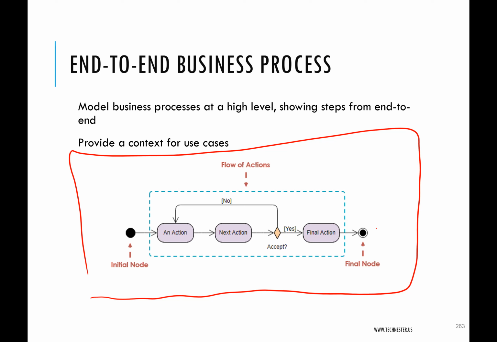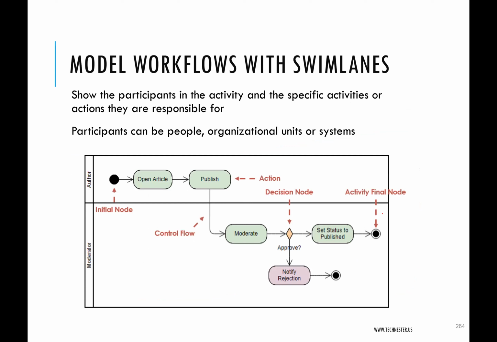I'll show you another model in the next video. The way this looks is exactly the same for BPMN and activity diagram. The difference is for swim lanes, where the start will be a bigger circle, and the end will be a bigger circle. That's the only difference between them. This shape may be bigger if it's swim lane. It's the same shape, but the size may be bigger. So you get why I say if you know one, you can do the others.